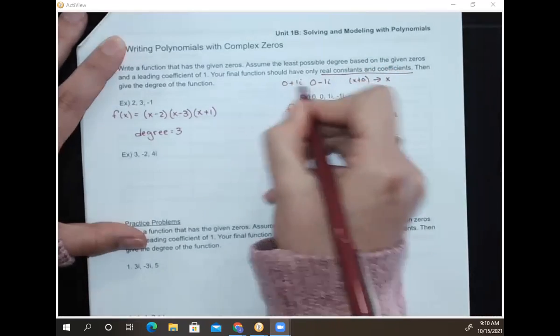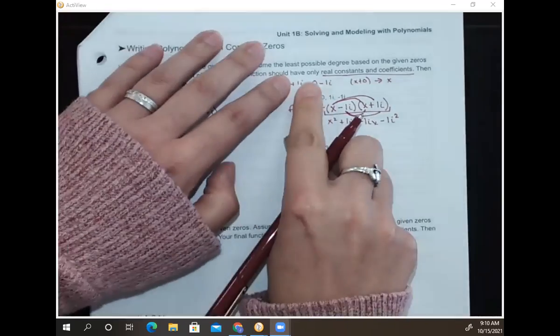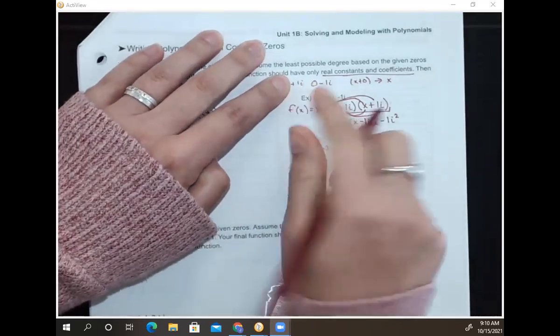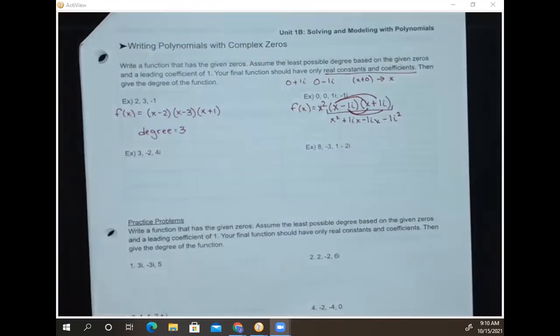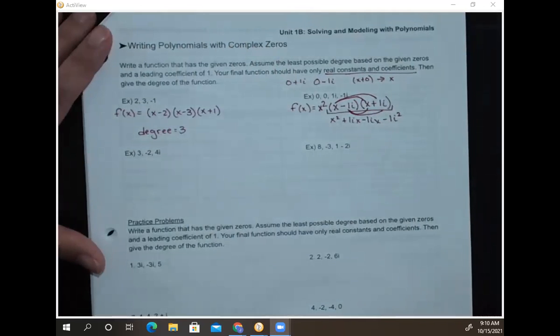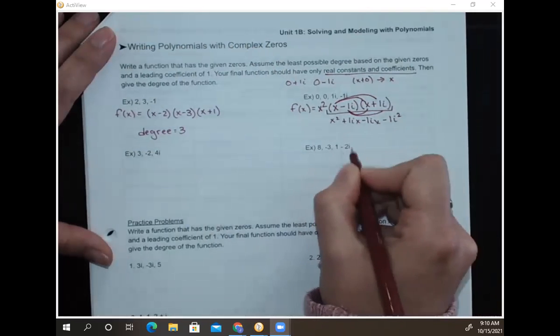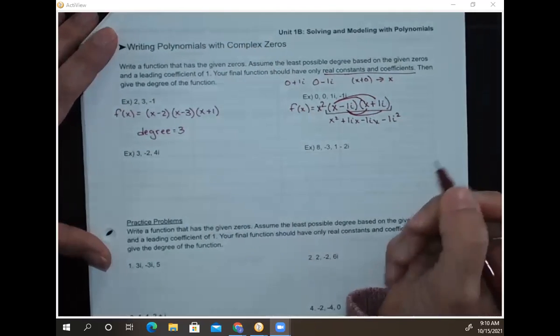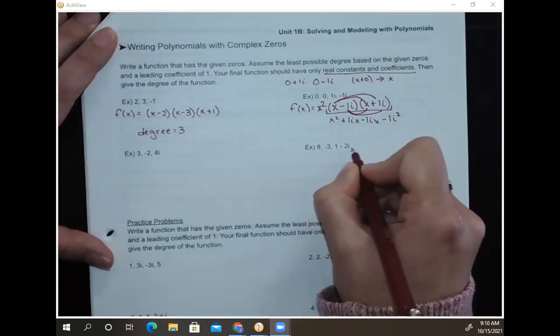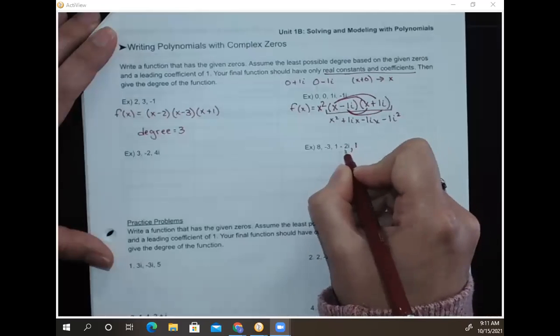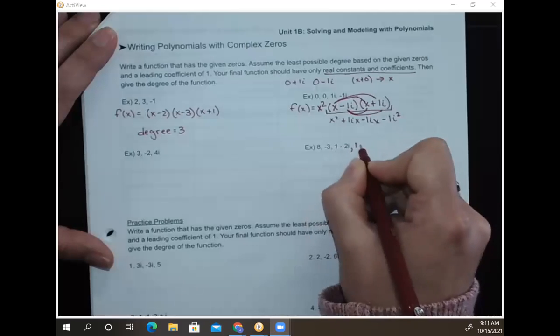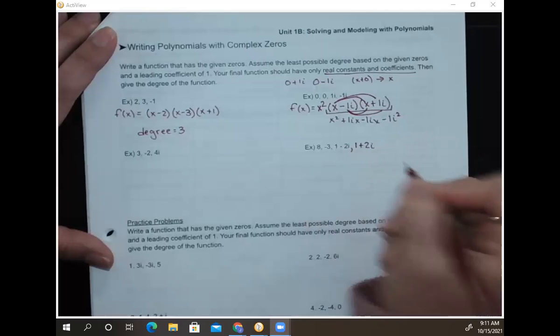We could see other real parts here, but let's just focus on the i parts. My imaginary parts are always going to have opposite signs. If I had, and we'll see here with our fourth example, a true complex root, not something that's purely imaginary, then I would also have what's called a complex conjugate. So if I've got 1 minus 2i, I'm also going to get 1 plus 2i.